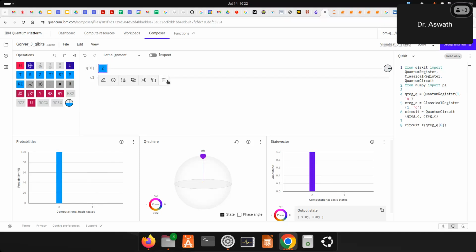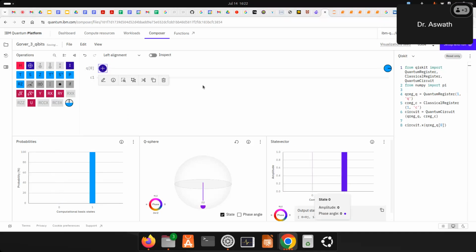Now what we know is Z does something to the 1 bit. First of all, I want to have a 1, so I'll just take a 0 and convert that to 1. Now I have a 1 at this point. Now I take a Z gate and act on the 1. Carefully see, this is of a blue color. Now see the color change there.